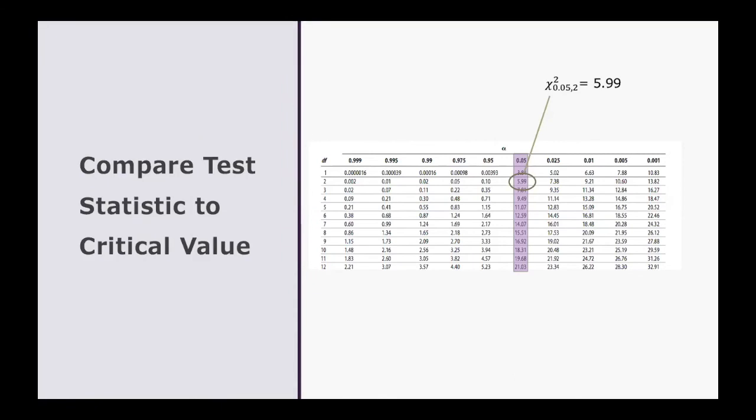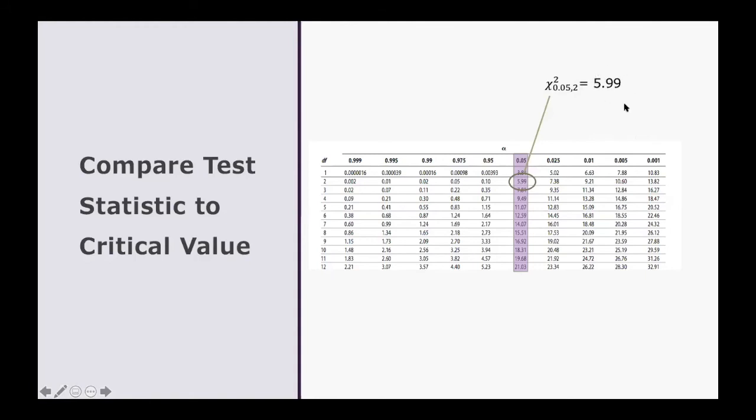So for a chi-squared distribution with 2 degrees of freedom, a chi-squared test statistic of 5.99 will have a p-value equal to 0.05. And so the notation here is our chi-squared test statistic with an alpha of 0.05 and 2 degrees of freedom has a value of 5.99.